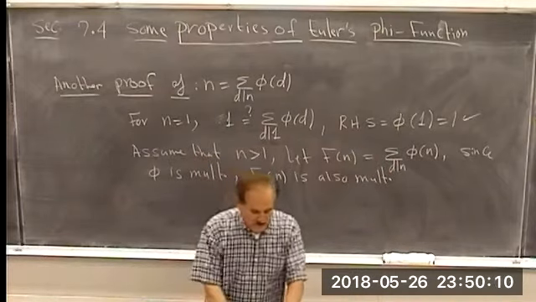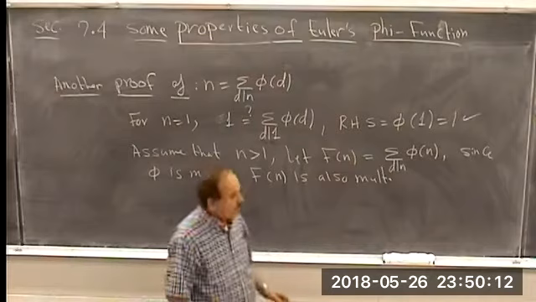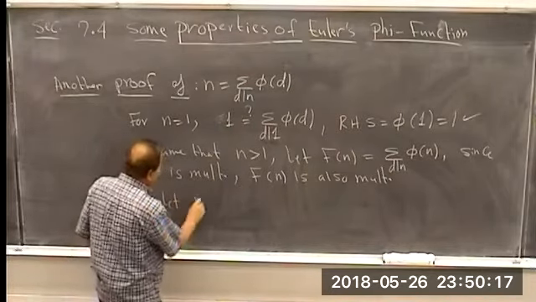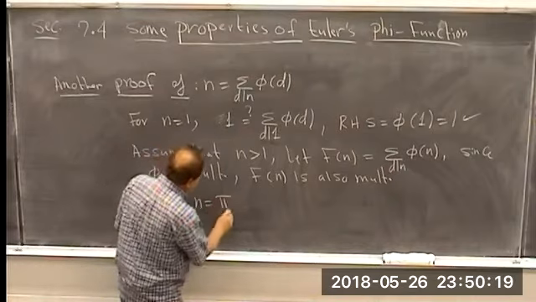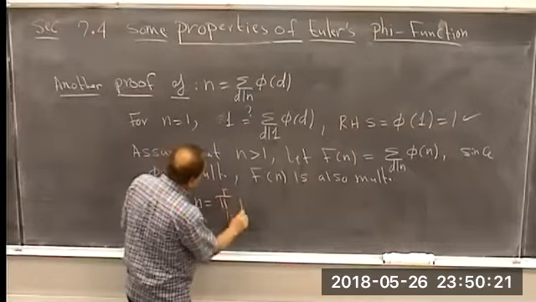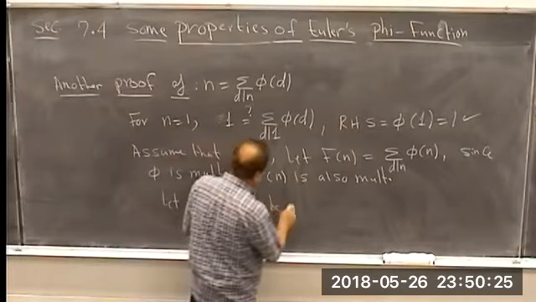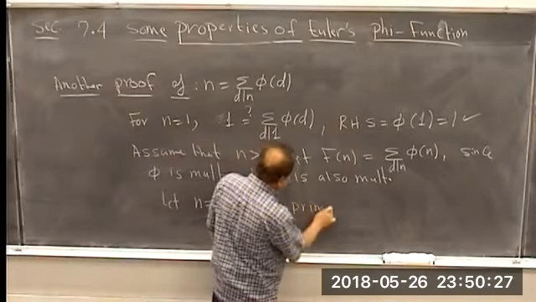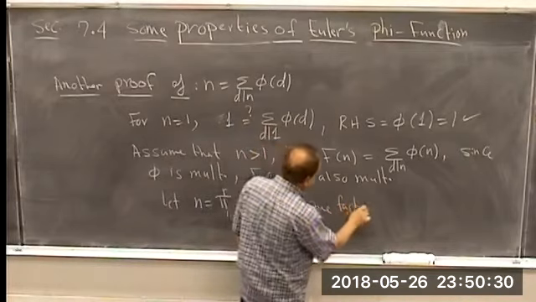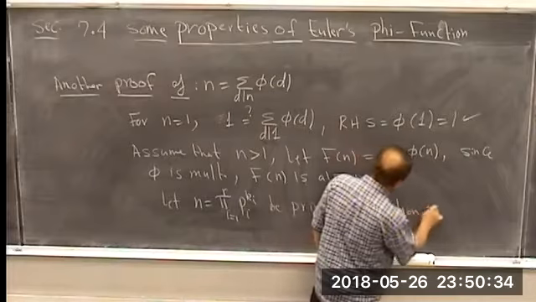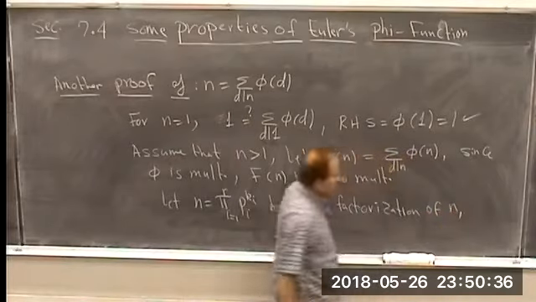So let n equal the product for i equal 1 to r of p sub i to the k sub i be the prime factorization of n.